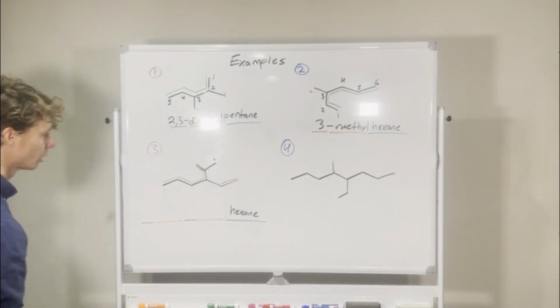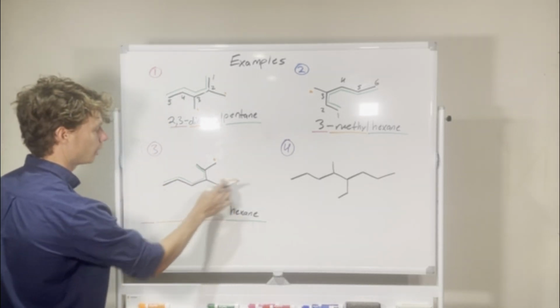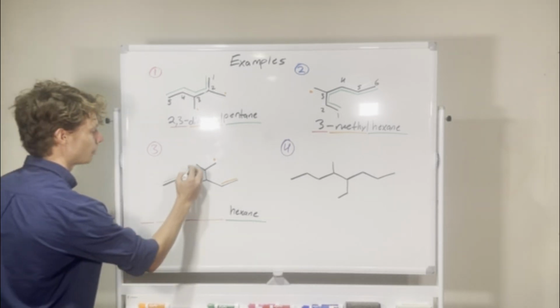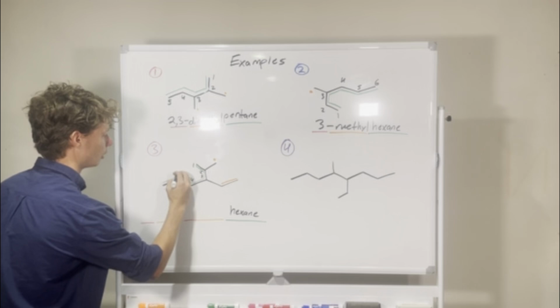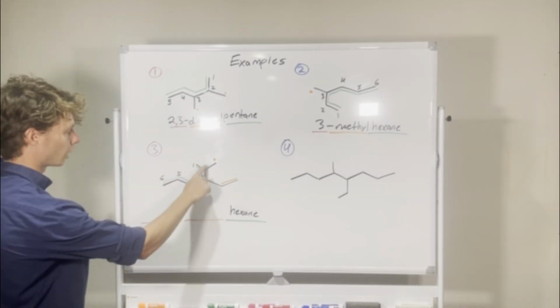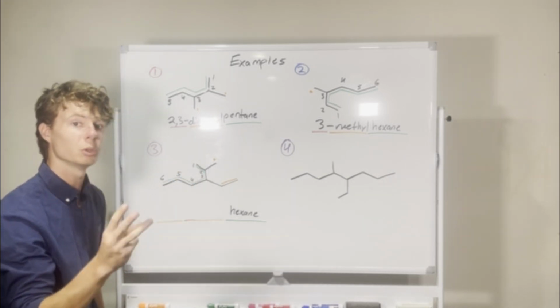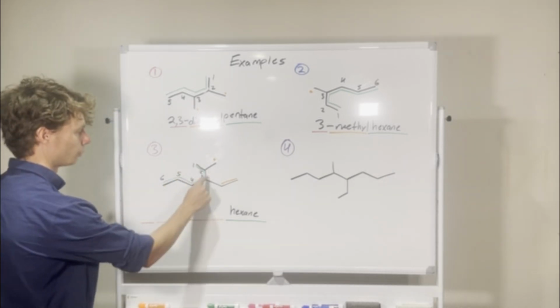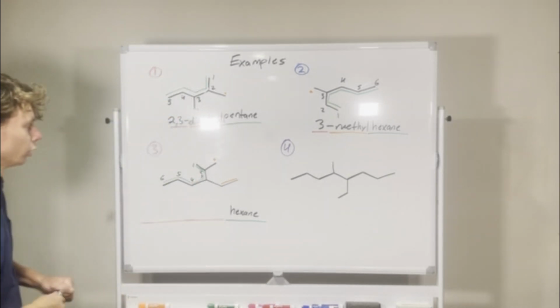What carbon position is my ethyl group in? Well, I should number my carbons to get the lowest number possible, right? I'm going to number this from right to left. That way my substituents are in position 2 and 3 rather than 4 and 5. So make sure that those numbers are the lowest positions possible.